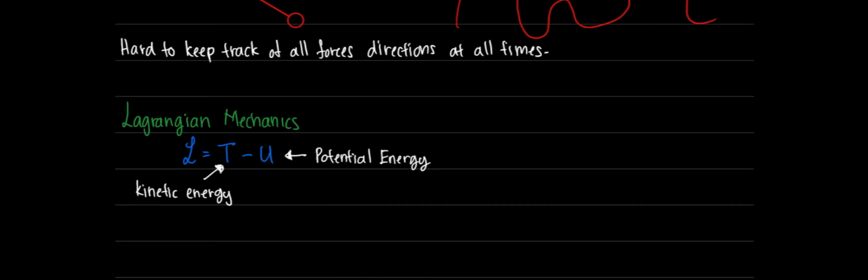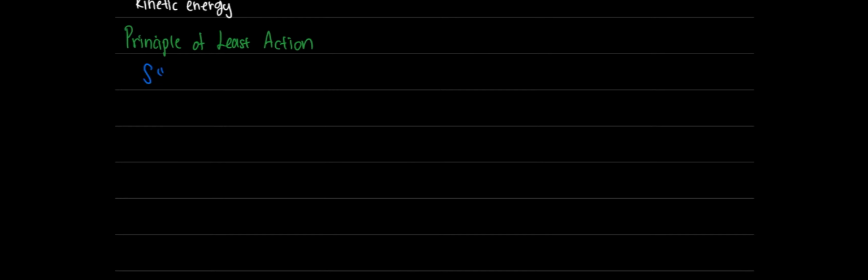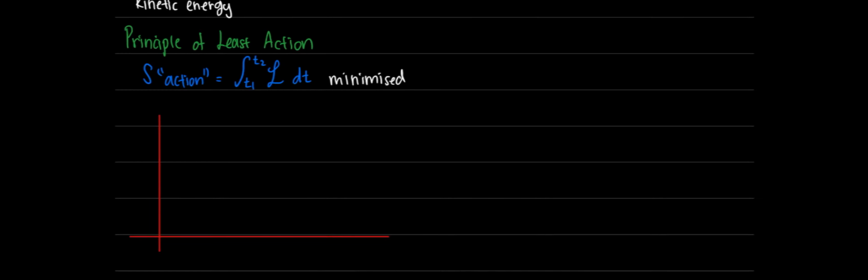Okay, let's move on. The heart and soul of Lagrangian mechanics is the principle of least action. Here, I define a quantity called action S, which is essentially an integral with respect to time of the Lagrangian. As you can see, I have drawn the coordinate system with the same endpoints.